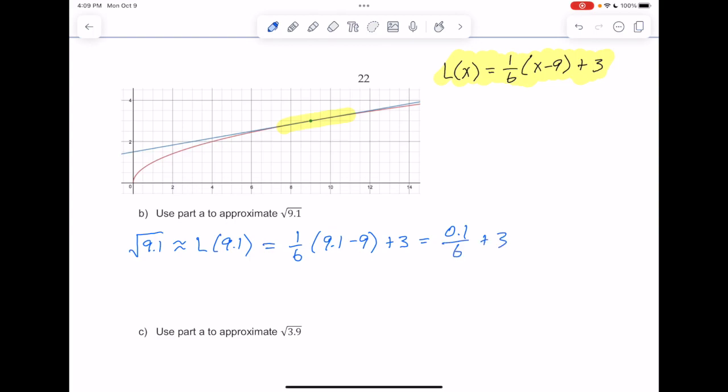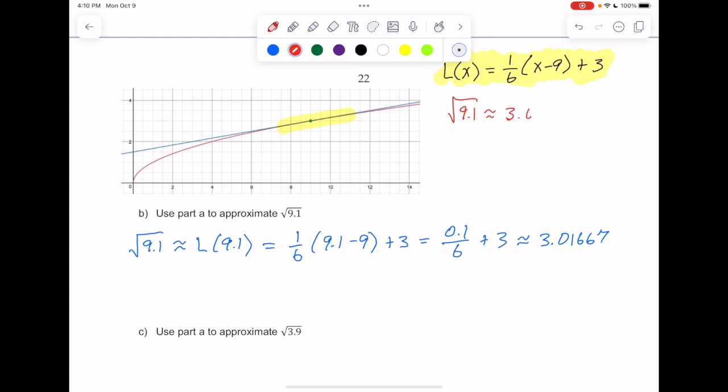And if you just put that into the calculator and came up with a decimal for that, it's approximately 3.01667. Now, if you were to take the square root of 9.1 and just evaluate it directly on a calculator, you get approximately 3.01662.